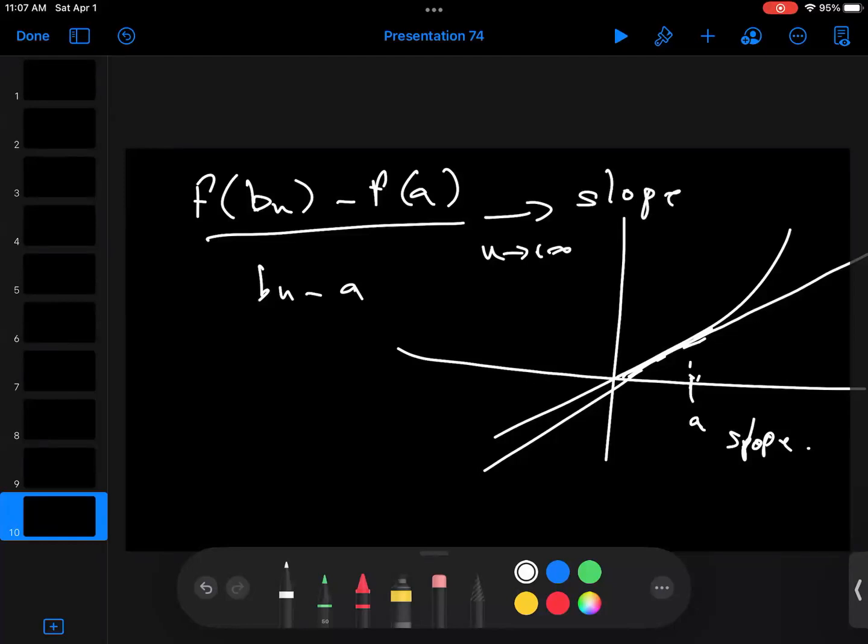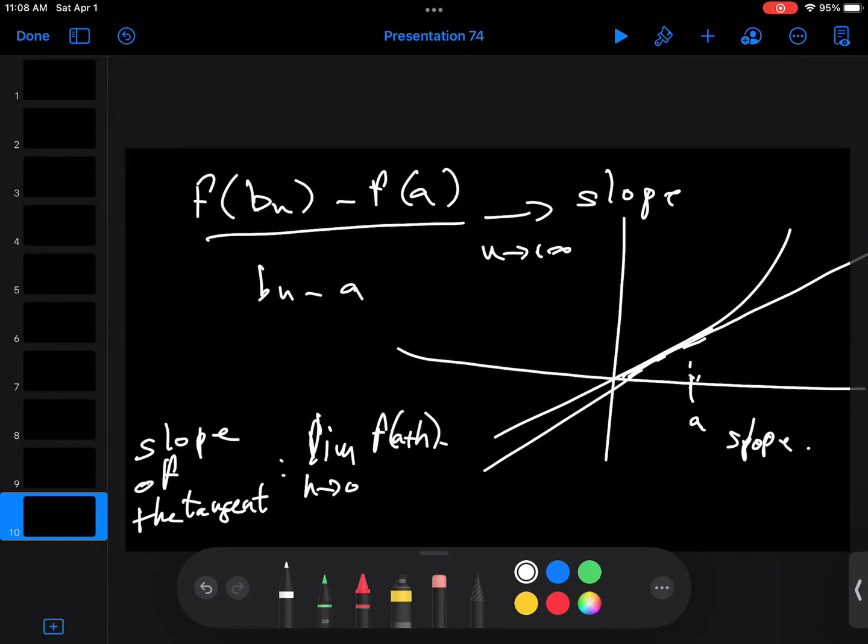I can write this slope of the tangent as the limit as h goes to 0 of f of A plus h minus f of A divided by h.